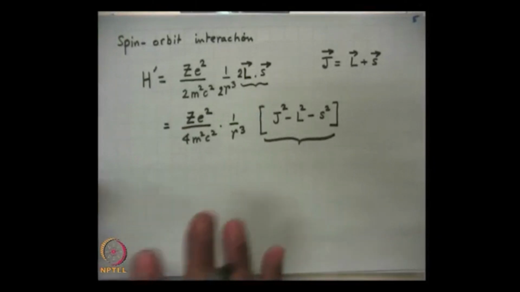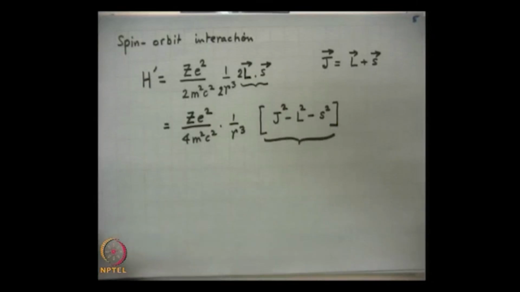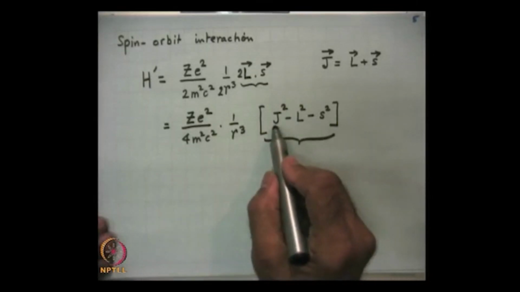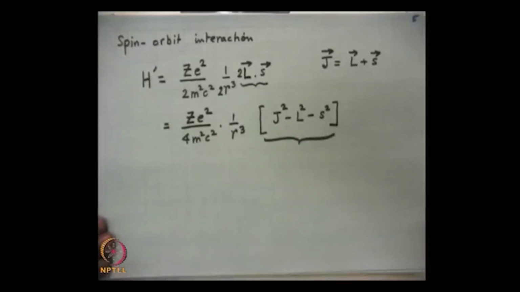So, I must consider the functions which are simultaneous eigenfunctions of J square, L square and S square. These are the functions that we had discussed.